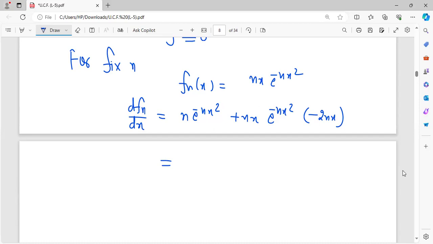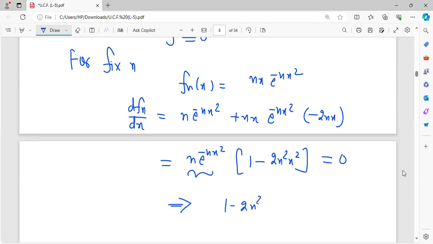So take this common. It will be 1 minus 2n square x square. Put this equal to 0. The exponential part is a positive quantity. So what do you get? 1 minus 2n square x square is equal to 0. So x is equal to plus minus 1 upon under root 2 into n. So we got this.